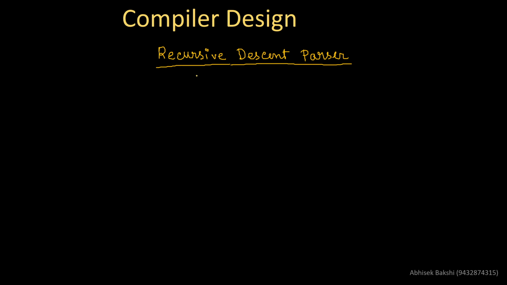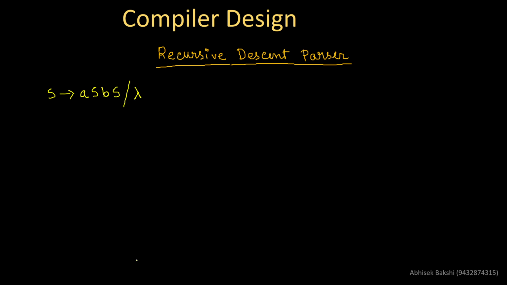example first. So suppose we have a grammar, say S → ASBS, or maybe there is another option, I may have lambda.